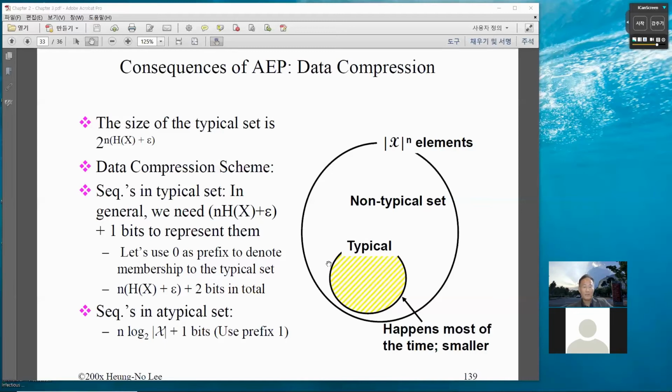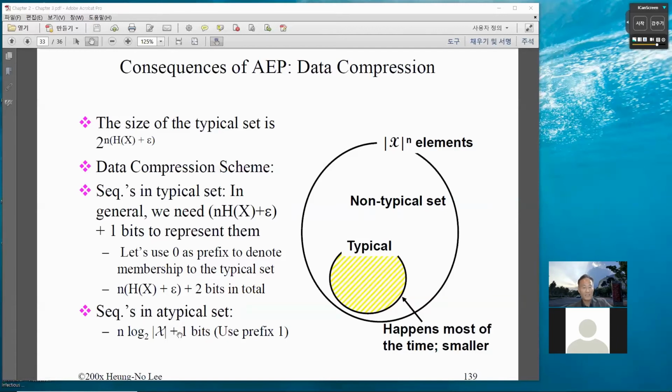And with a very small probability, a sequence belonging to the non-typical set occurs, right? What do you do when such a thing happens? Then you have to allocate and represent it as well. So in order to do that, how many bits do you need? Basically, you need this many bits.